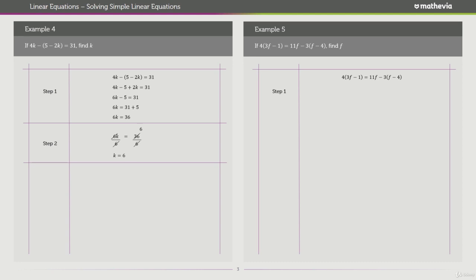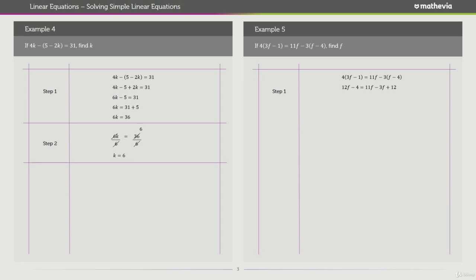The first thing we need to do is basic expansion. On the left, we have 4 multiplying 3f, which is 12f, and 4 multiplying minus 1, which is minus 4. Opening up the brackets on the right, we have minus 3 multiplying f, which is minus 3f, and minus 3 multiplying minus 4, which is plus 12.